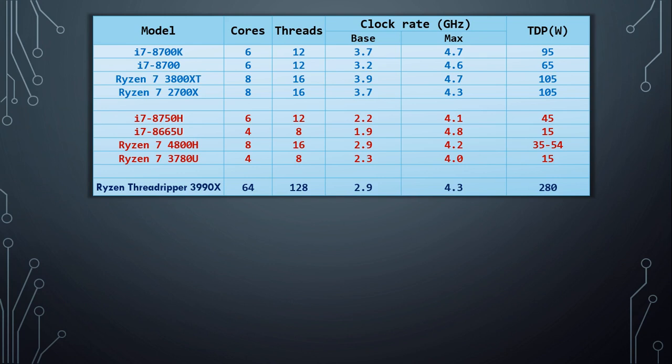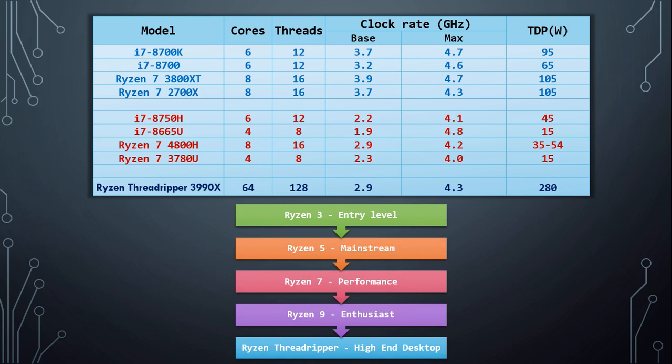Here the number of cores is 64 and the threads are 128, and it generates heat up to 280 watts. So, you can imagine how much heat it will generate, but this is one of the most demanded processors at this moment, and it is preferably used by high-end gamers and those who deal with high-end graphics, video editing, graphics design, etc.